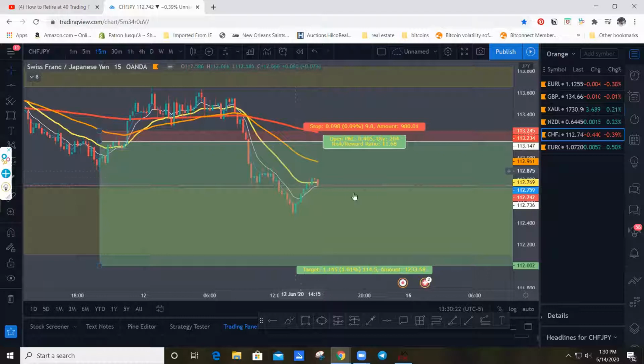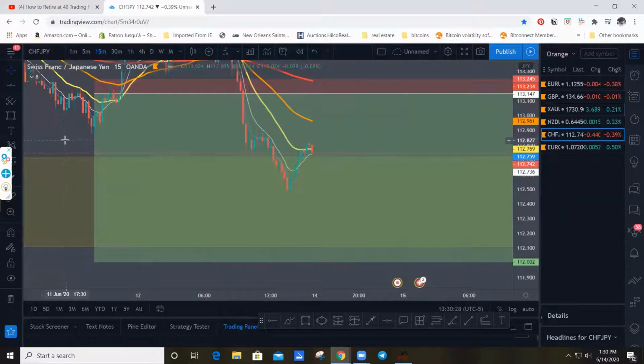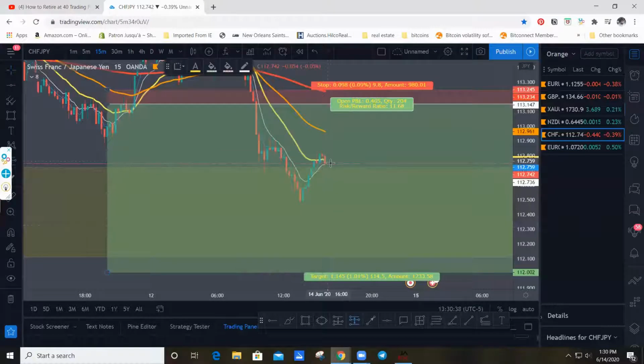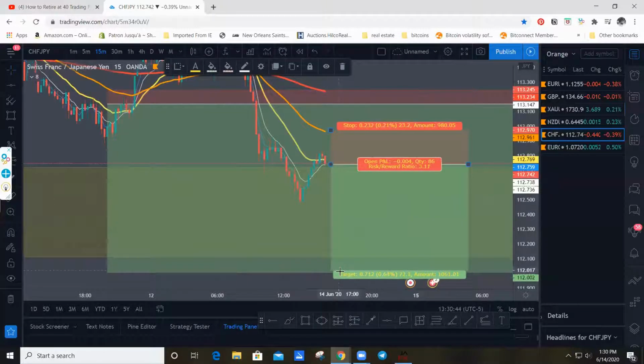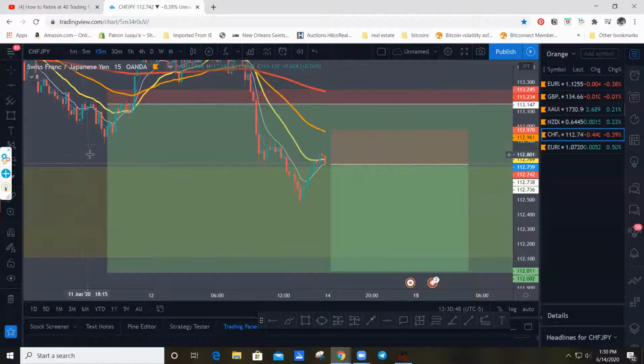Then there's a morning star too. So I'm still seeing the sell. Still a good sell.